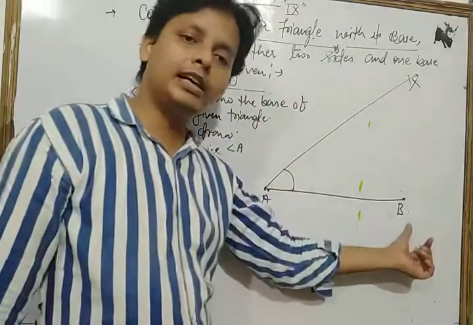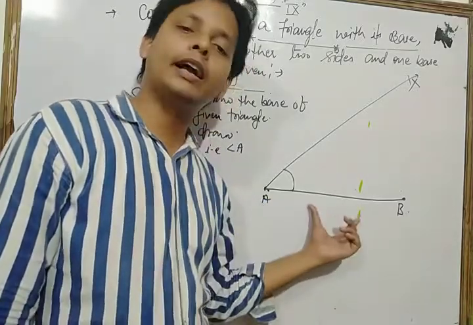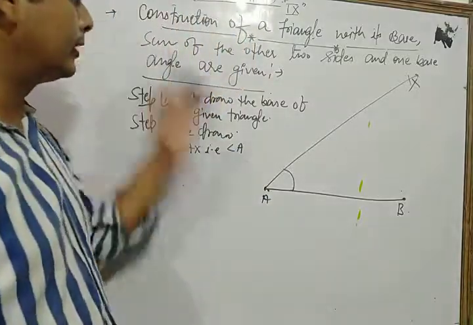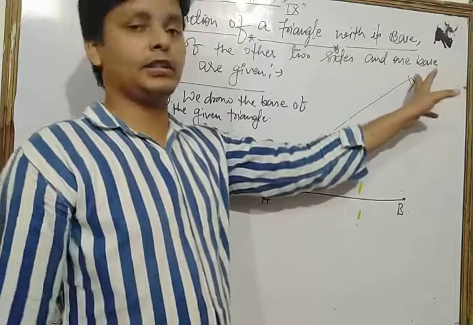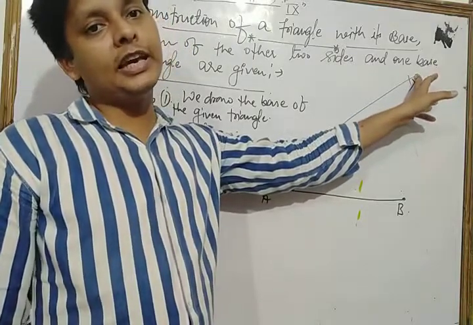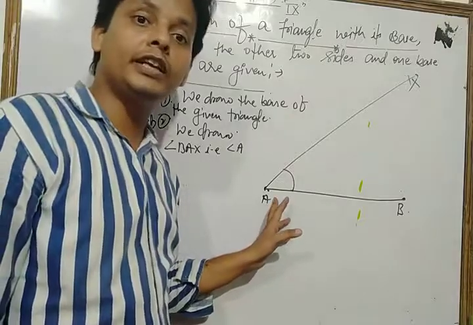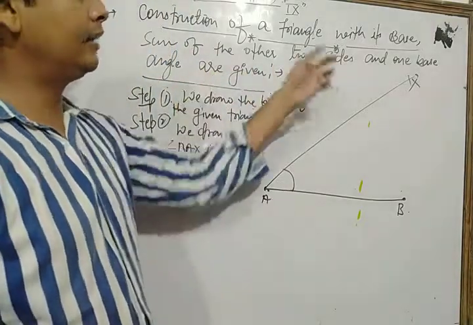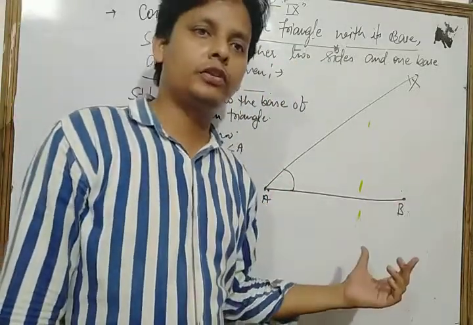First of all, we draw a base AB, whose length is given in your question. After that, dear students, we draw an angle BAX, that is angle A, which is also given in your question, because one base angle is always given in that type of construction.